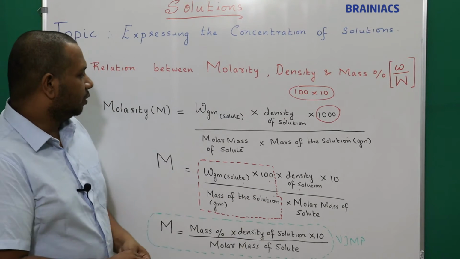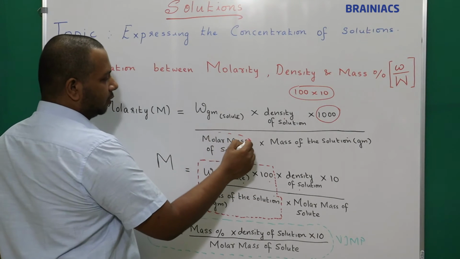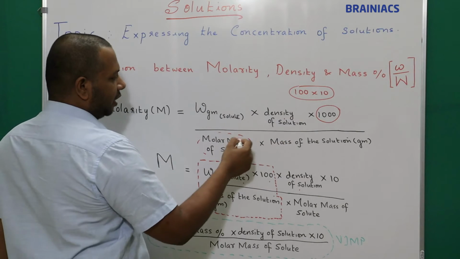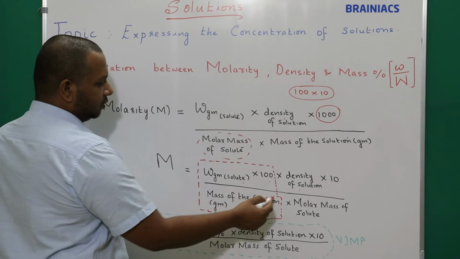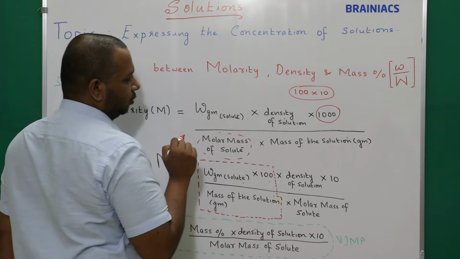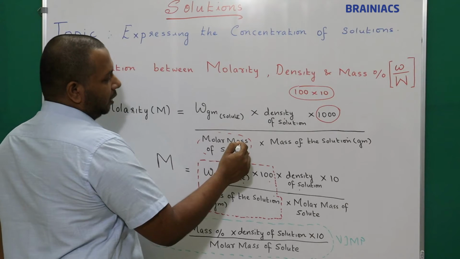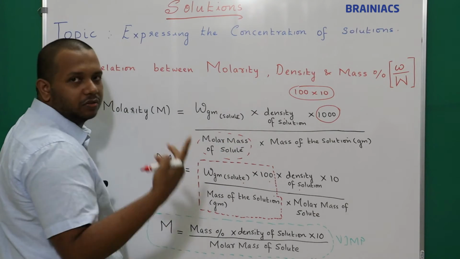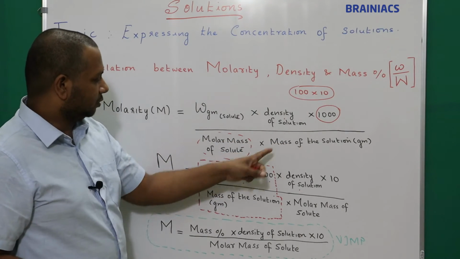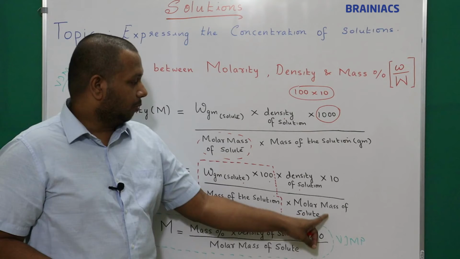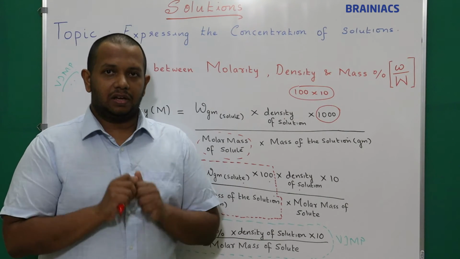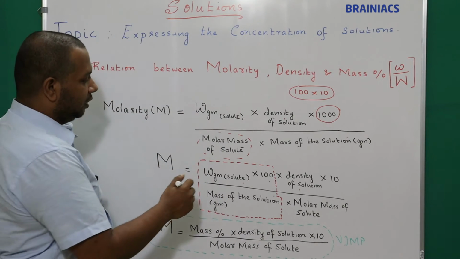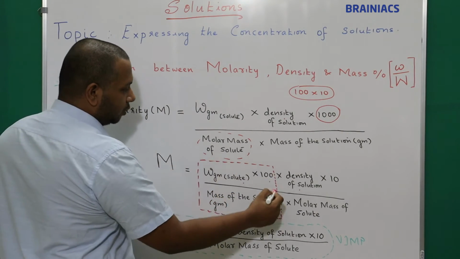Now in the denominator, initially I had written molar mass of the solute first. Now I am rearranging, keeping mass of the solution first, then multiplied by molar mass of the solute. There is no difference, just like 3 into 4 or 4 into 3 are the same. Why did I write it like that? Now look at the part in the box.